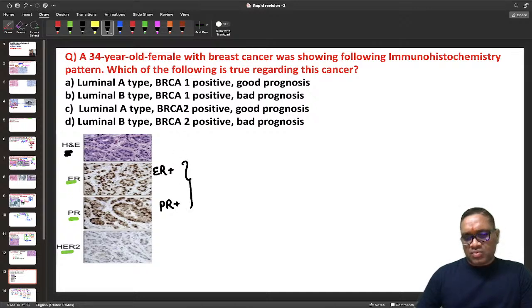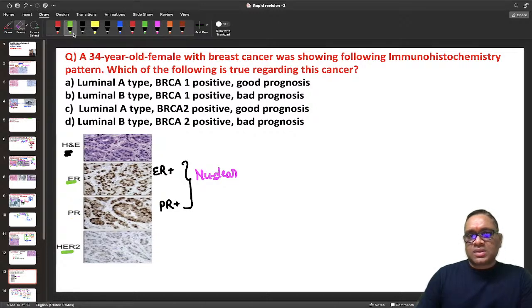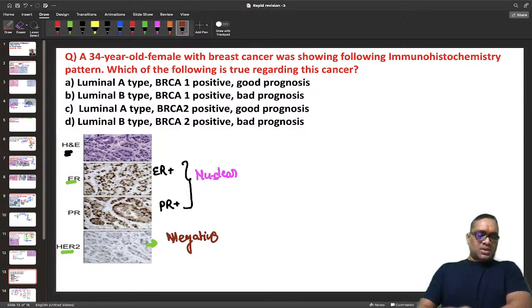ER and PR, remember, both are nuclear stains, nuclear IHC. So they will be positive for the nuclear staining. ER is positive, PR is positive, but when we look at HER2, HER2 is negative.